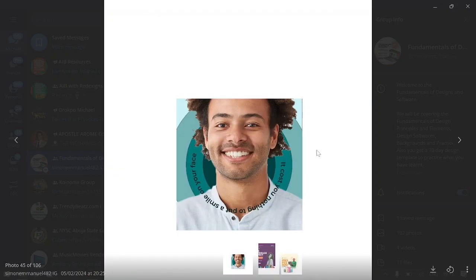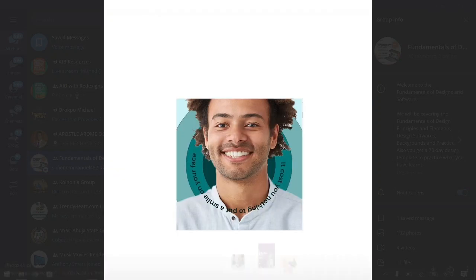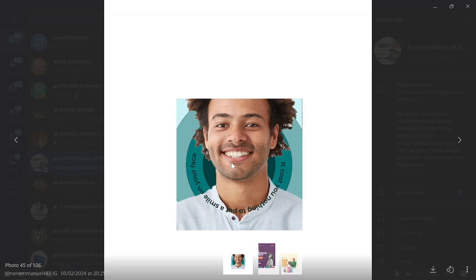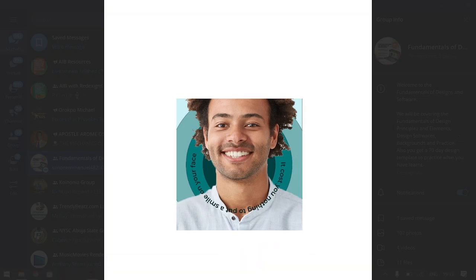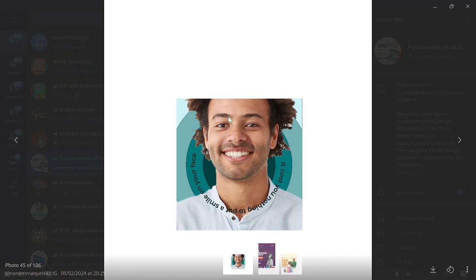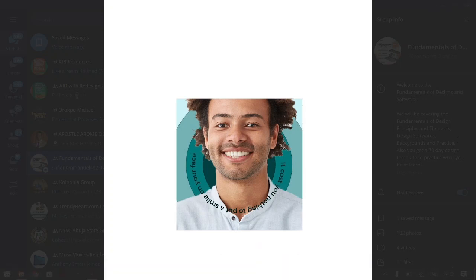So this is for Emmanuel, Simon Emmanuel. Simon Emmanuel, you have the freedom of using any image elements that you want, but I think you should also consider how the image is being enlarged in such cases.